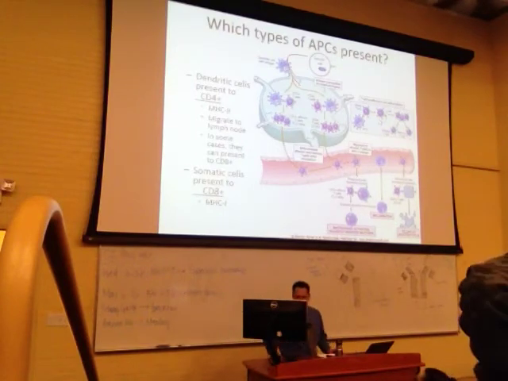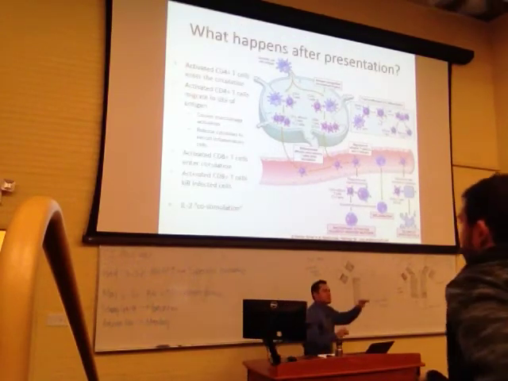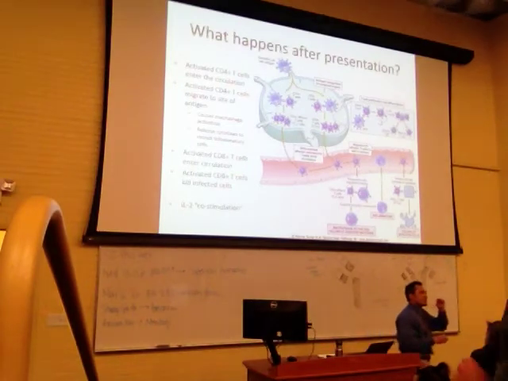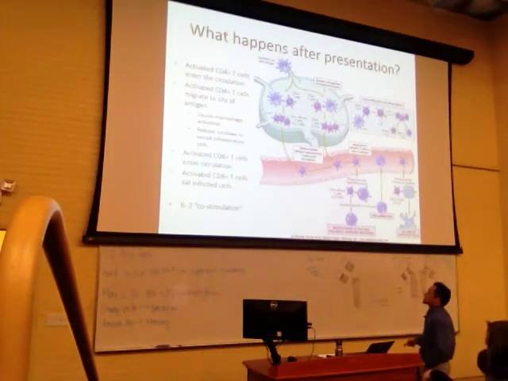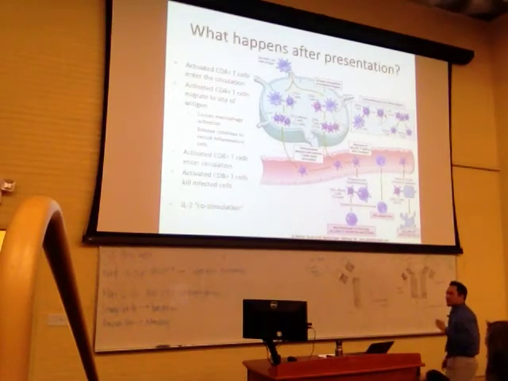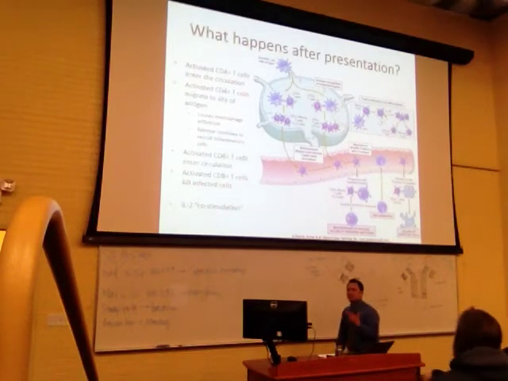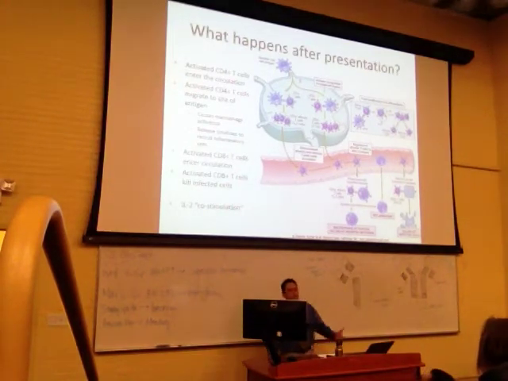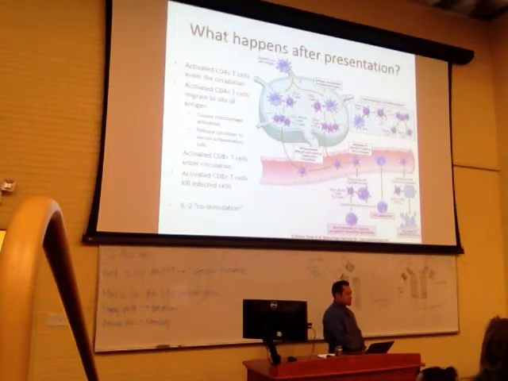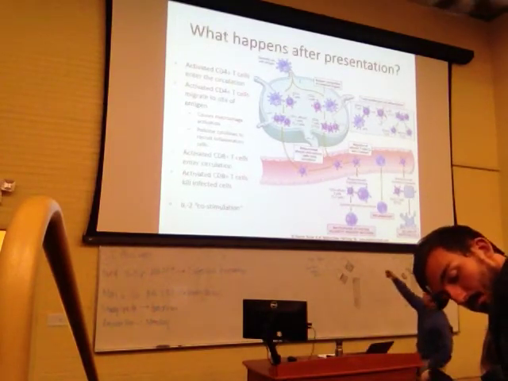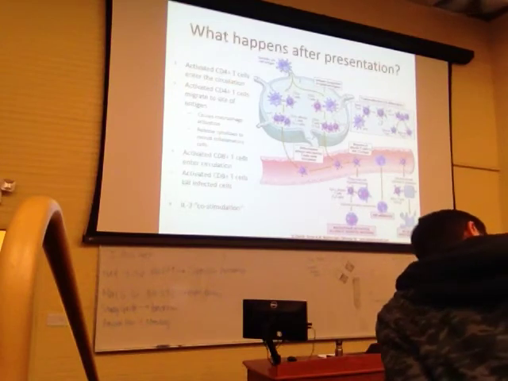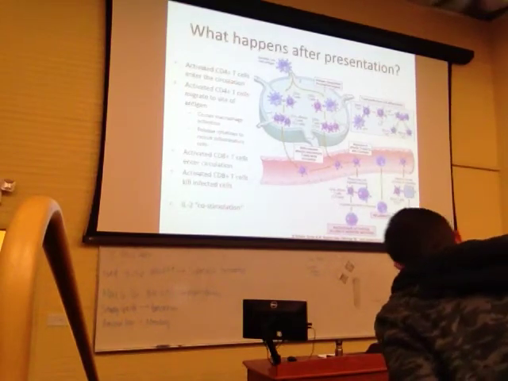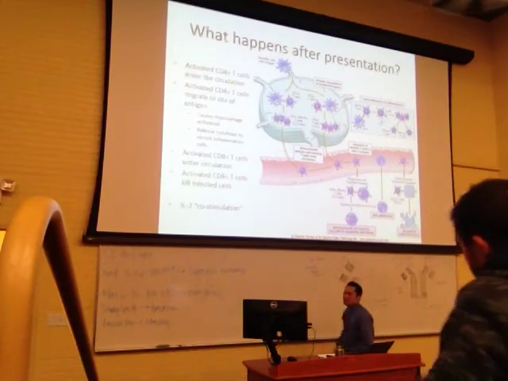Now, we stay on this slide and we talk about the steps, and that's what's shown on the far left of this slide. Same image, just the steps that take place. So as the dendritic cell comes in, the activated CD4 positive T cell enters the circulation, migrates to the site where the antigen is, and it's going to cause a number of different possible activities.